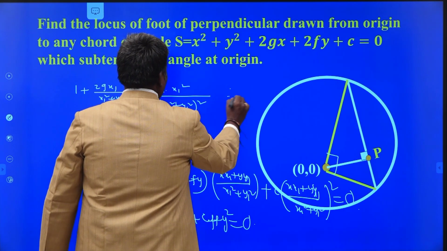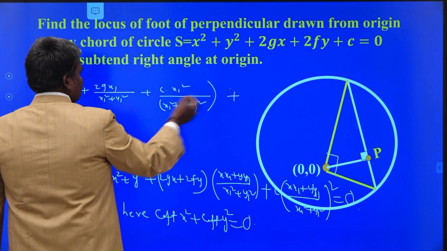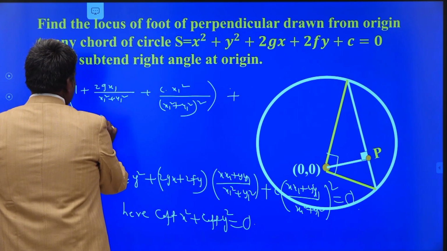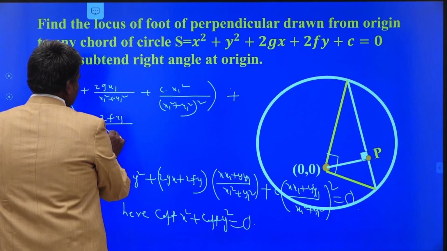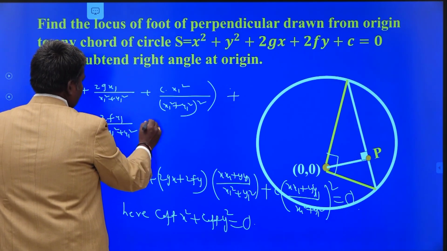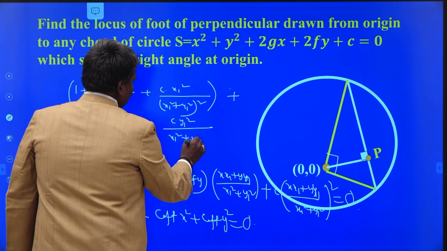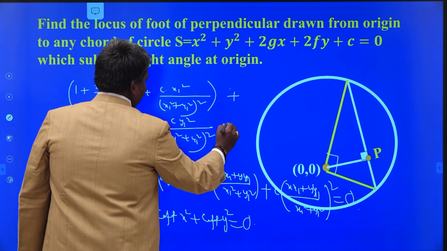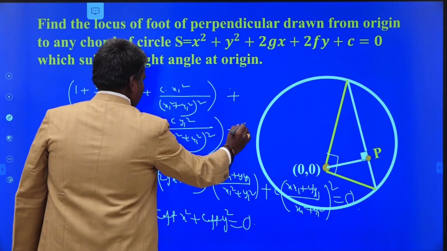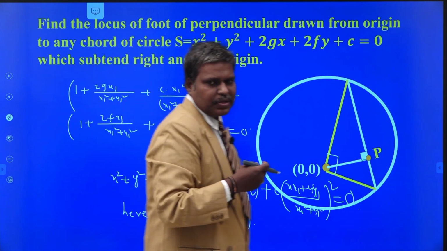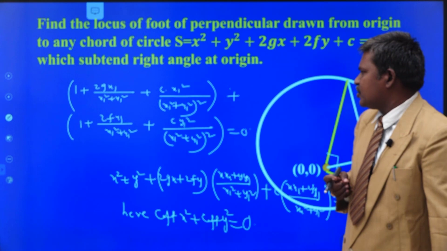Coefficient of y square is 1 plus 2fy1 by x1 square plus y1 square plus cy1 square by x1 square plus y1 square whole square. The sum is equal to 0.